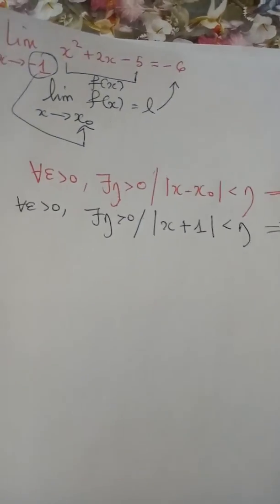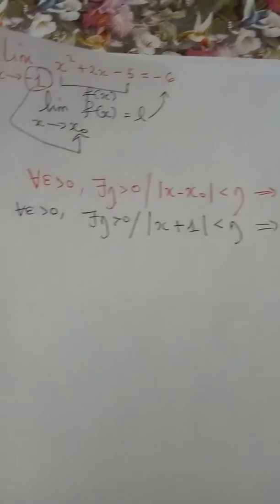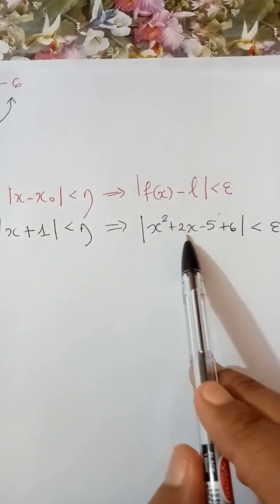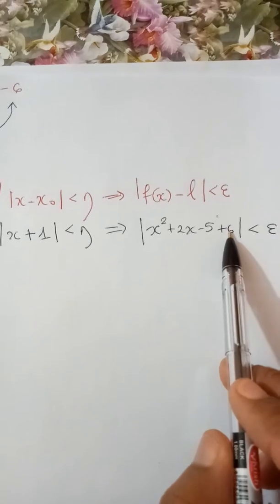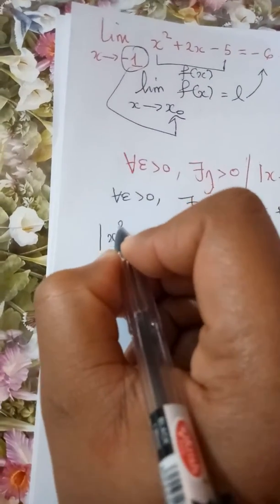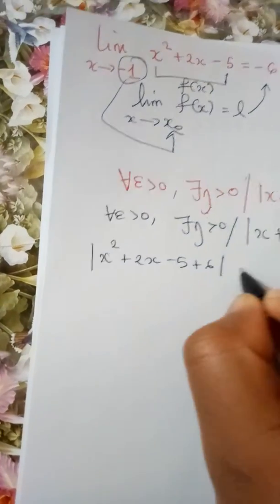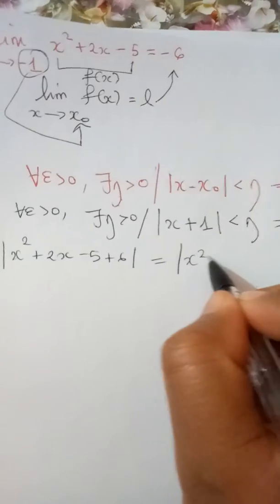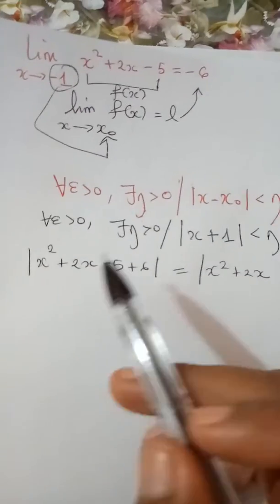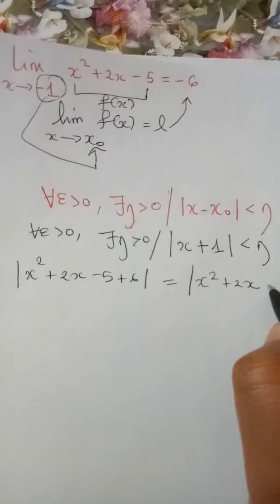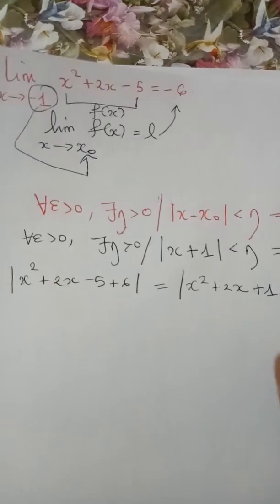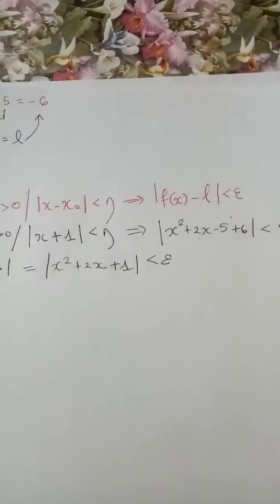So we use this. What do we have here? I have |x squared plus 2x minus 5 plus 6|. Let's do it here. So x squared plus 2x minus 5 plus 6 is the same thing as x squared plus 2x, and 6 minus 5 gives us plus 1, less than epsilon.